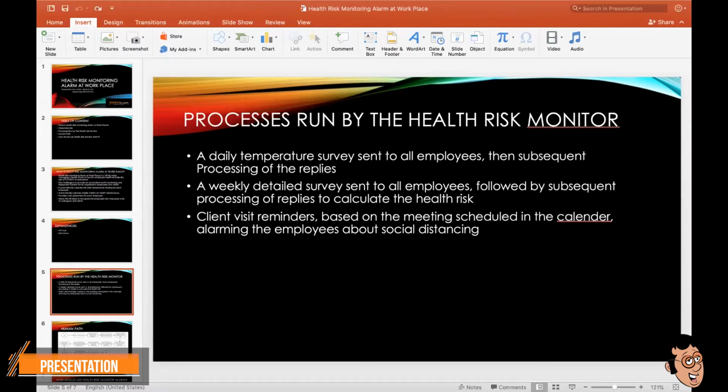If yes, then it will send an automated message to the visitor and the employee who has the meeting about social distancing, the mode of transport they are traveling with, and other things that we need to monitor the health risk.